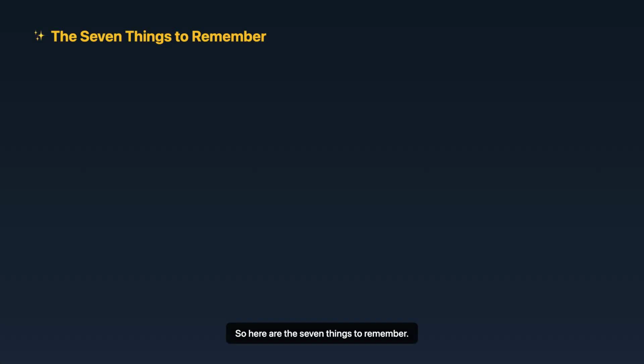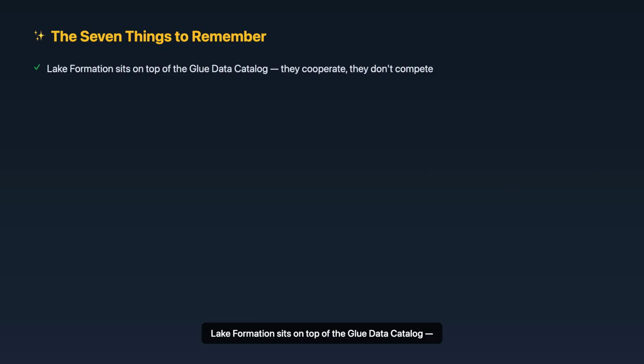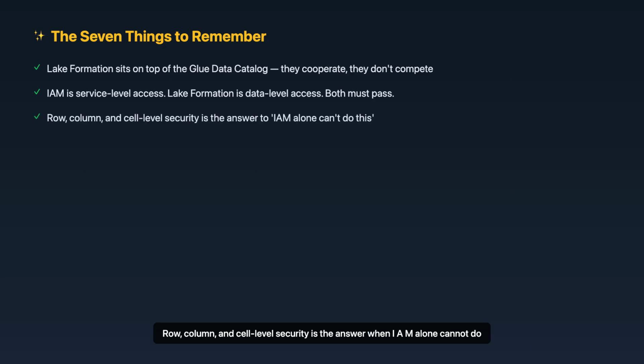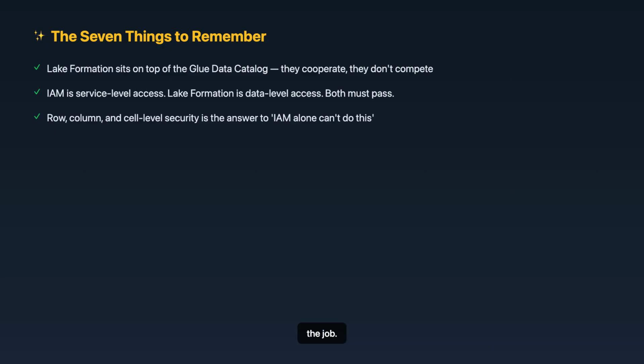So here are the 7 things to remember. Lake Formation sits on top of the Glue Data Catalog. They cooperate, they don't compete. IAM handles service-level access, Lake Formation handles data-level access, and both must pass. Row, column, and cell-level security is the answer when IAM alone cannot do the job.